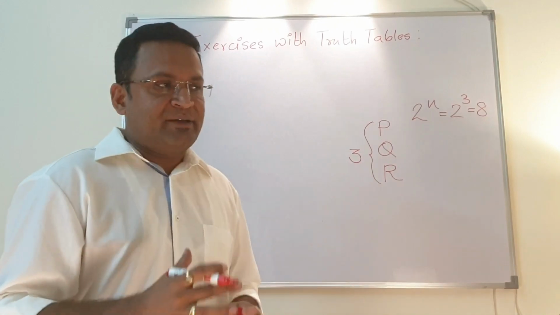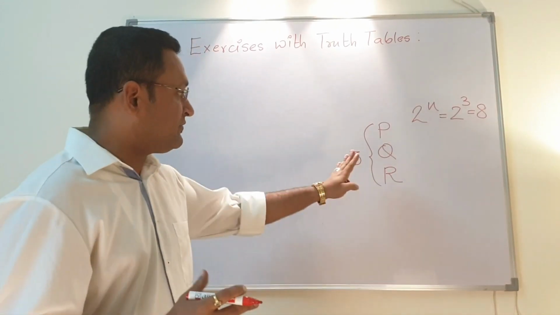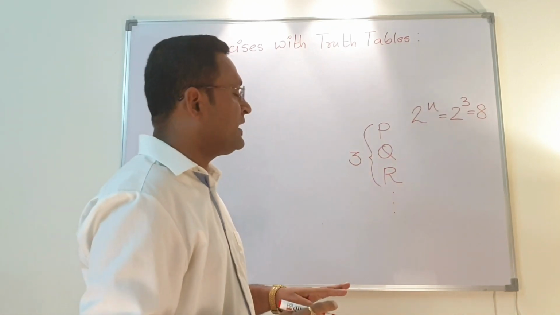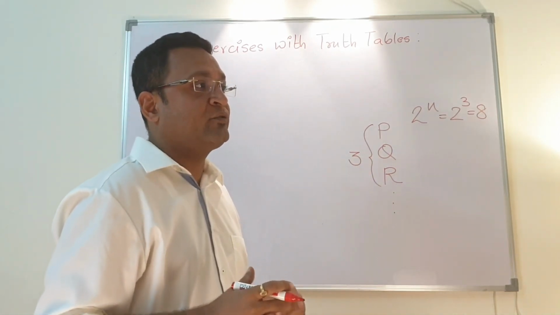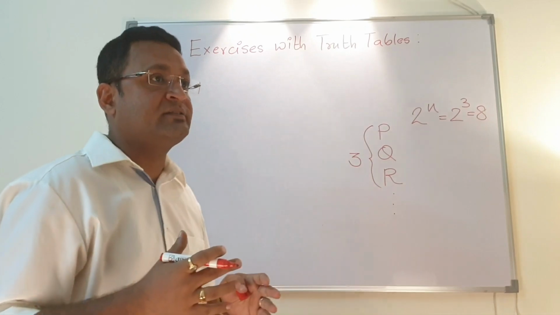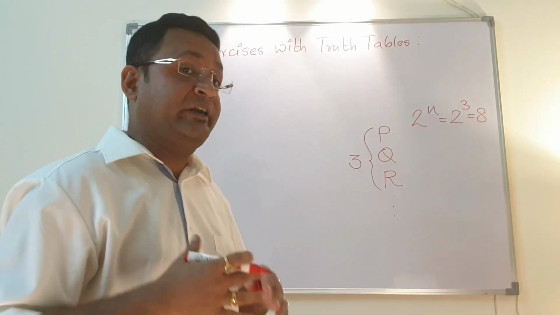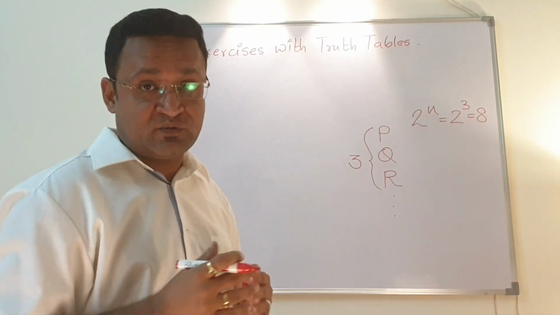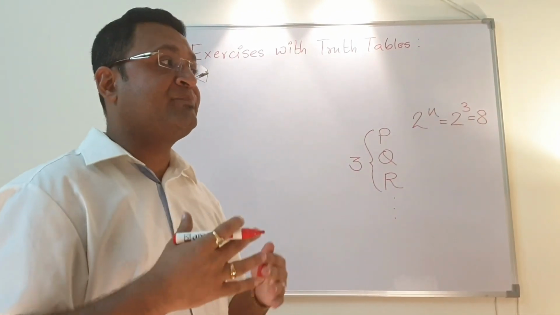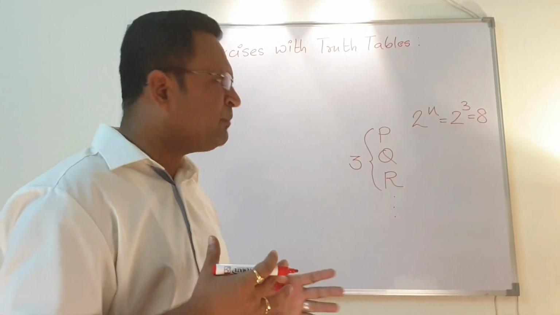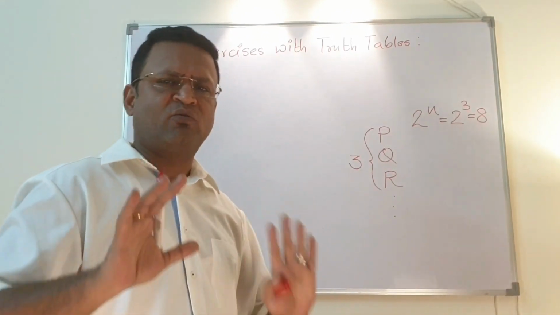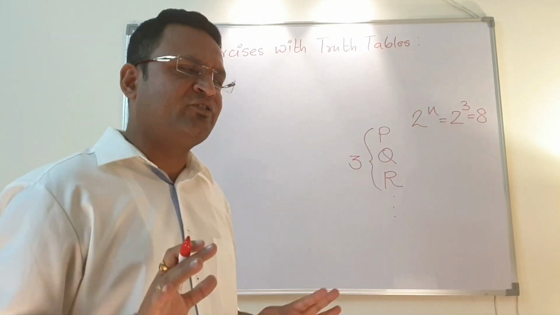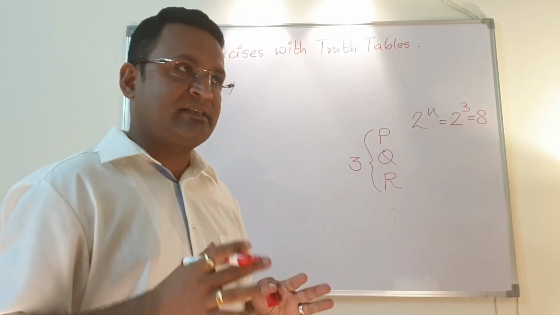As you can understand, if the number of propositions increases, like suppose we have a question with say 8 or 10, you can see how many rows there will be. That becomes pretty difficult. But with say 3 or 4, it is quite simple. Even till 5, I would say, it's pretty simple.